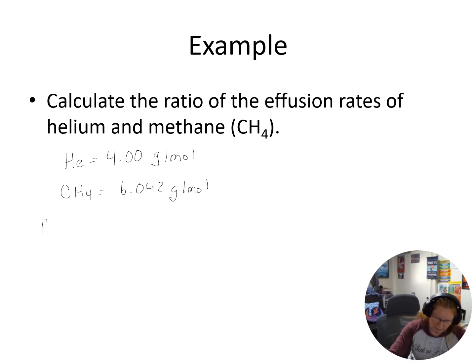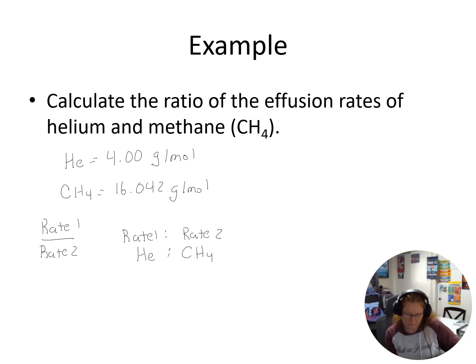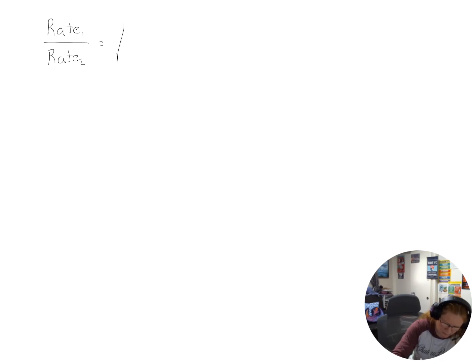And so when we look at rate 1 over rate 2, the ratio of that is rate 1 to rate 2. And so we're going to put helium as 1 and methane as 2. Okay, I need some more space to write. So again, we get the rate 1 over rate 2 equal to the square root of the second one over the first one.